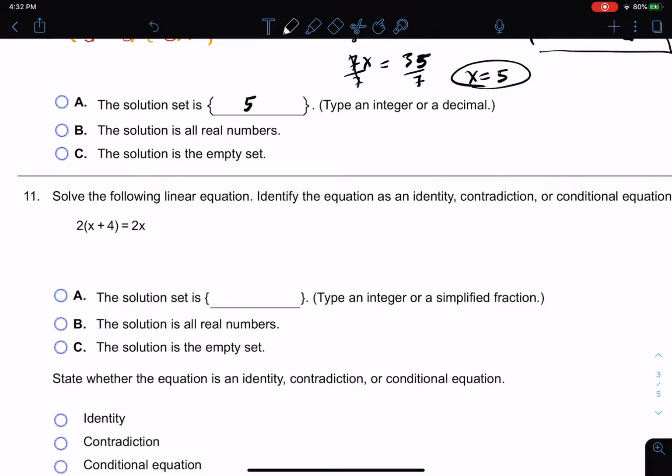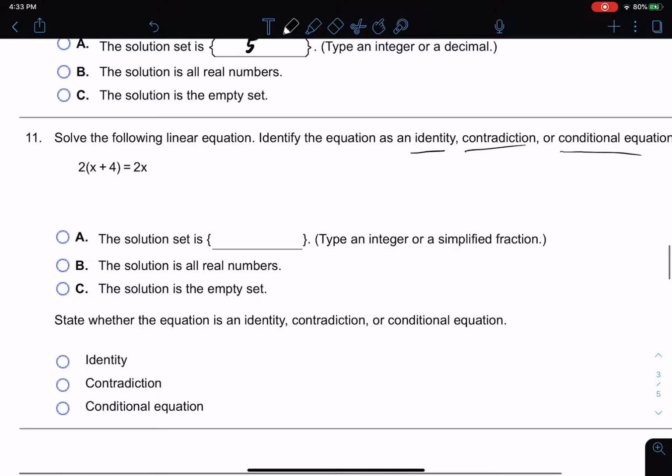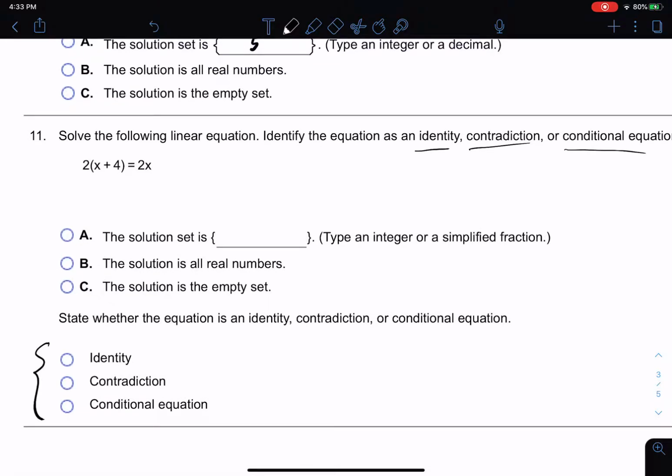Solve the following linear equation. Identify the equation as an identity, contradiction, or conditional equation. Okay, so we've got more things to fill in here. Let me just tell you, the equations we have been doing are all conditional equations. A conditional equation is an equation that is equal based on the condition of an answer.